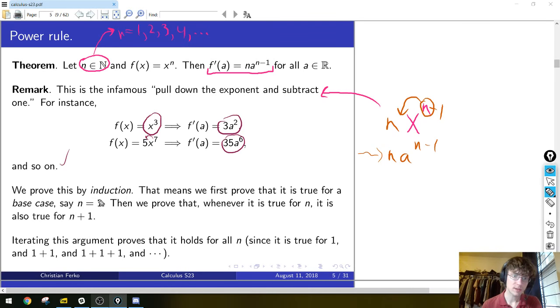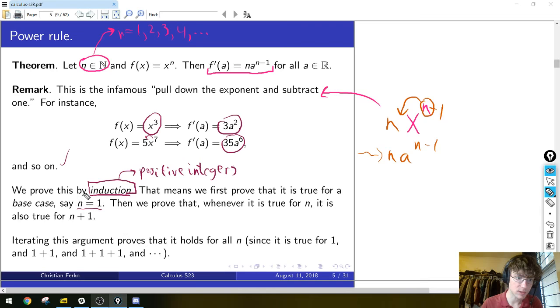So this is a style of proving a statement which must be true for all the positive integers. Induction is a type of proof that only works for statements about positive integers, and you want to prove it's true for all of them. The strategy is to start with a base case, typically 1.